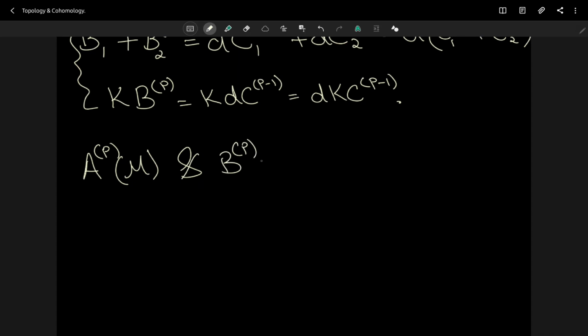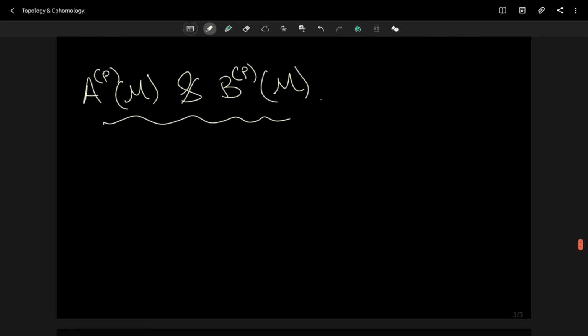Well, the answer is yes, there is, and that is because we have d squared equal to 0, right? Any of the exact forms, that are B P, must be closed, right?